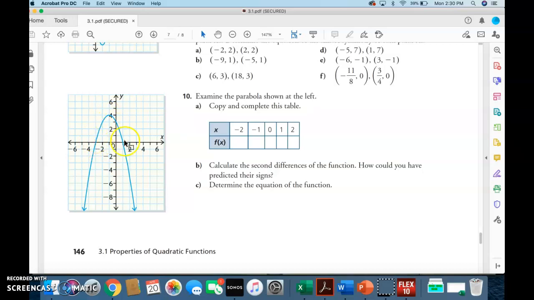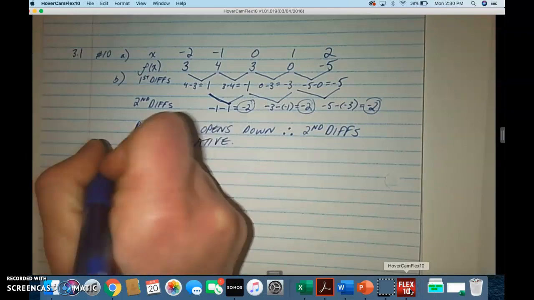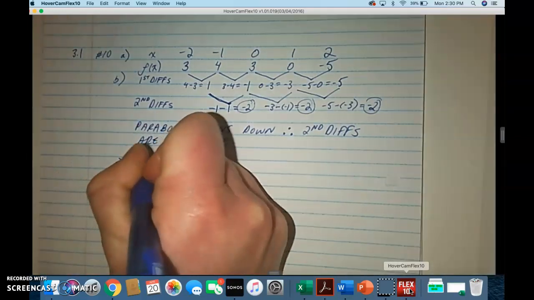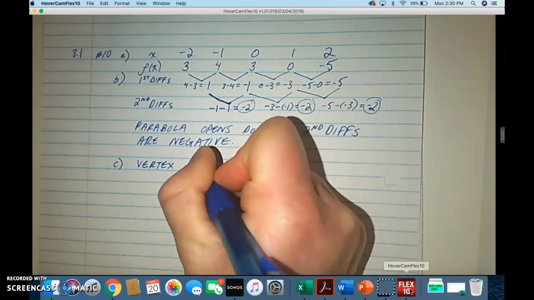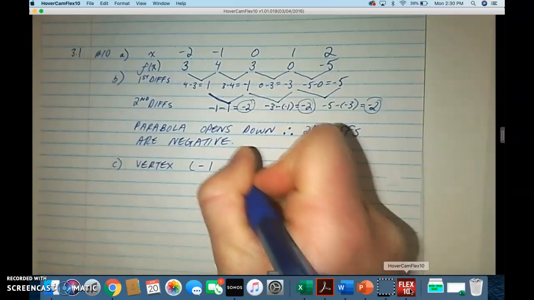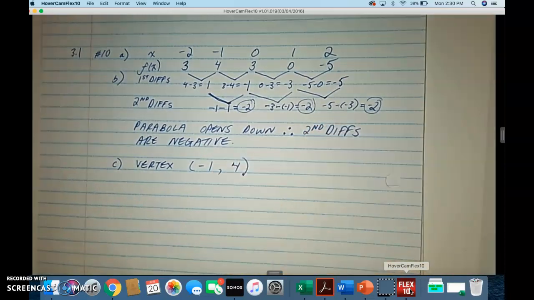But if you wanted to redo this question on your own, you might want to try doing it in the factored form that uses the zeros. Okay, but I can see right here the coordinates of my vertex are -1 for the x and +4 for the y. So I'm going to go over here to do part C. Vertex is at -1 for the x and +4 for the y.